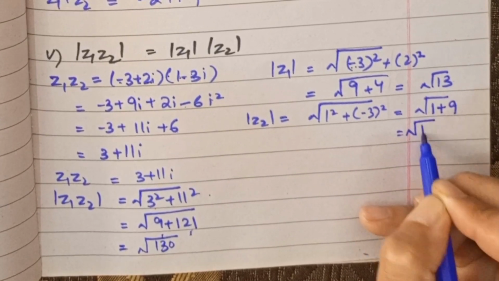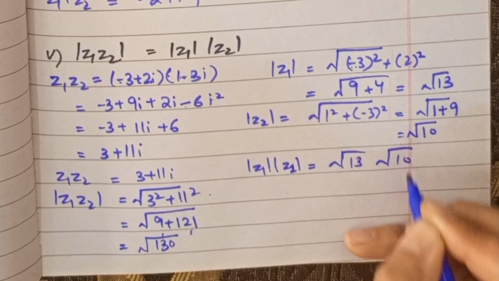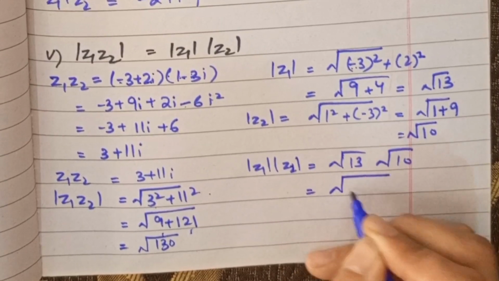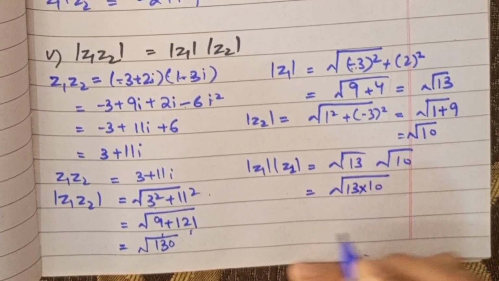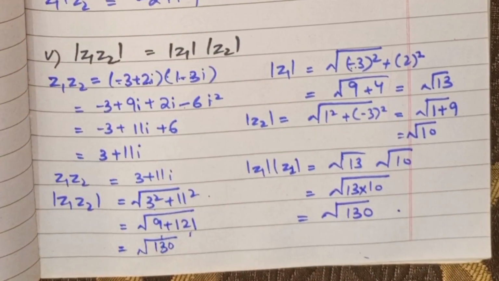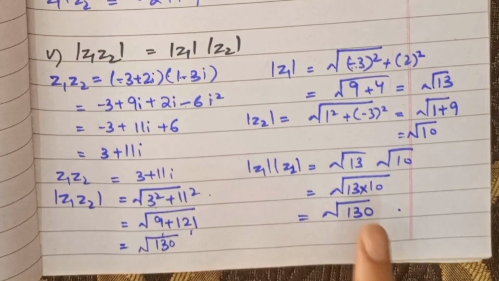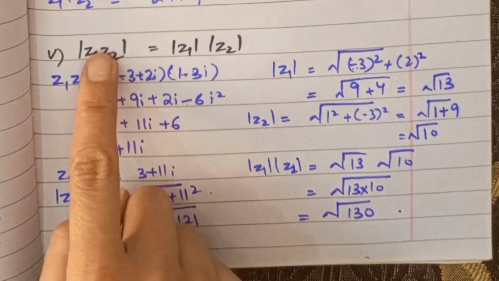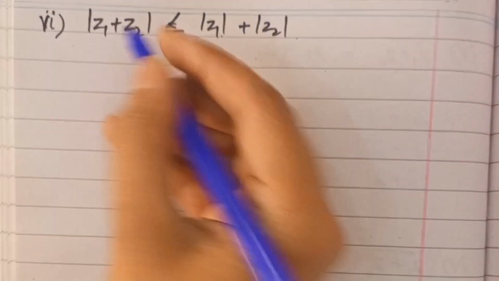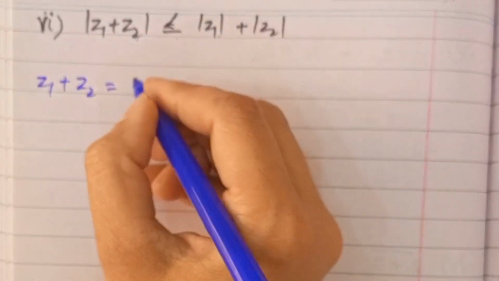So the answer is 10. Let's see what's the result. We can write it as this, and the answer is 130. So here we come up with the result that right hand side and left hand side are equal, so it proves the result.